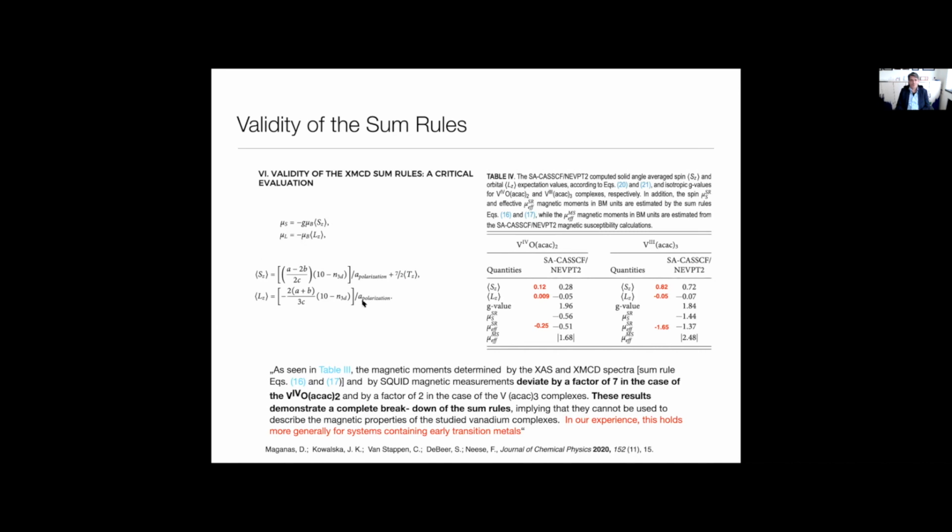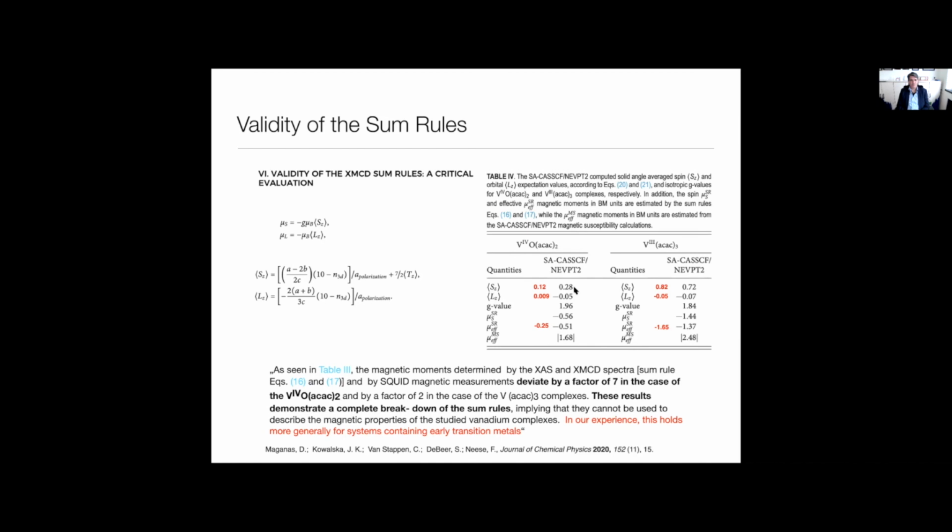We have derived the same expectation values from our many-particle wave functions that are in good agreement with the experiment. So we think that our calculated spin and orbital moments are accurate too.